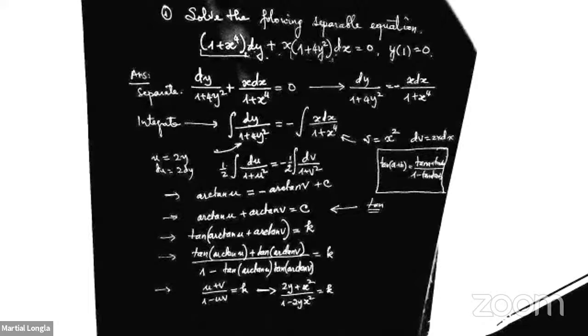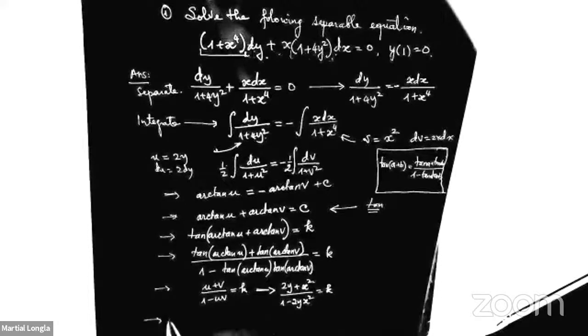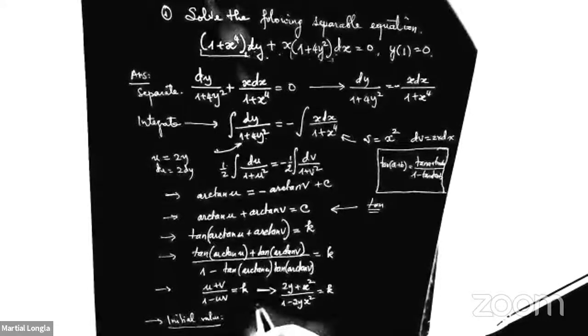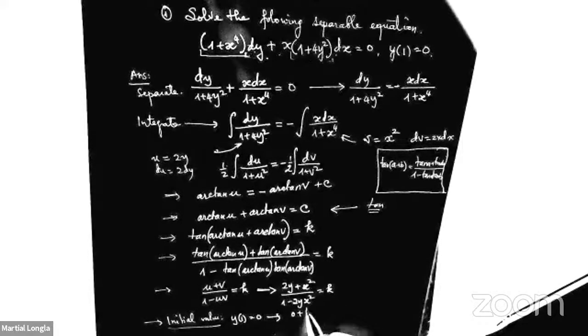Now you can use the initial values. y of 1 equals 0. That means when y is 0, x is 1. So that's 0 plus 1 over 1 minus 0 equals k. So k equals 1.